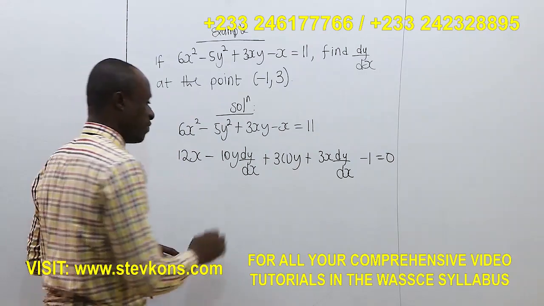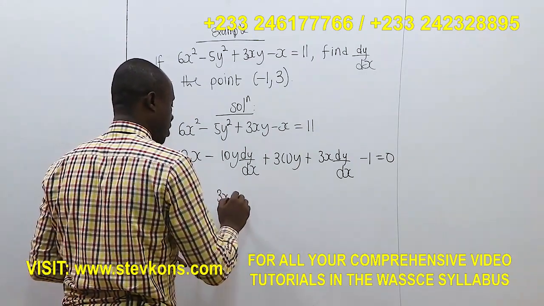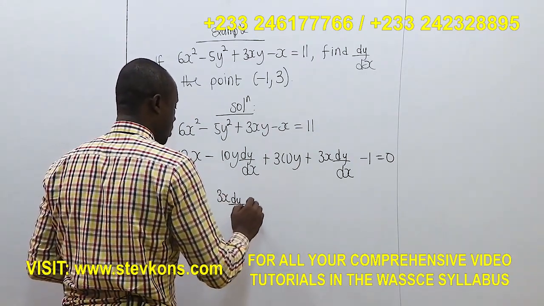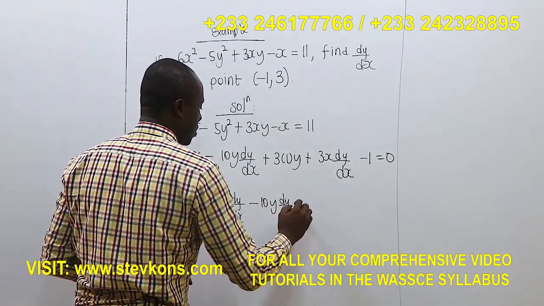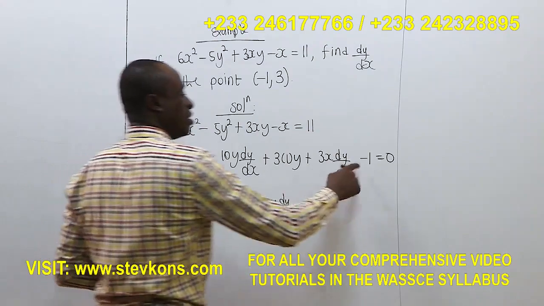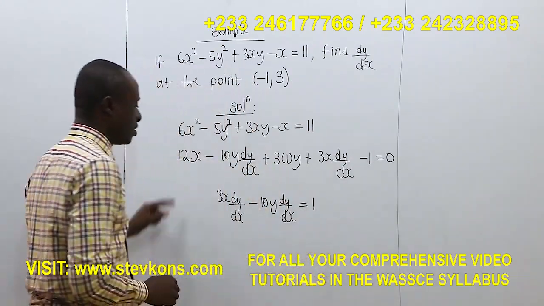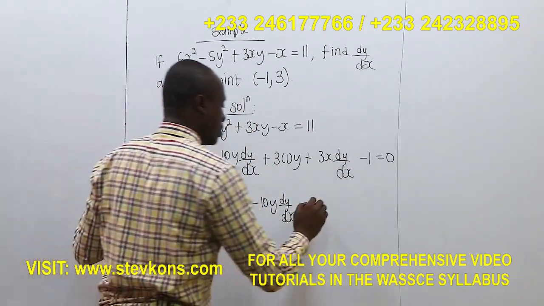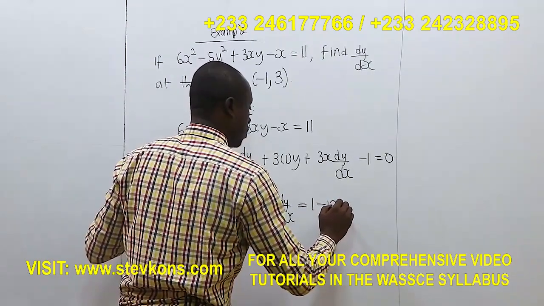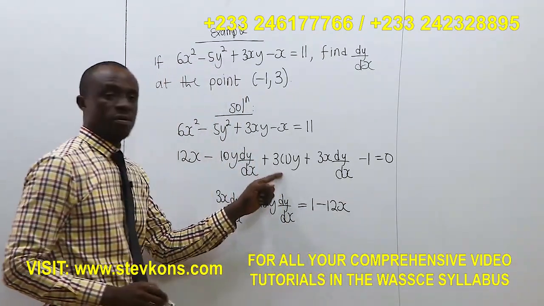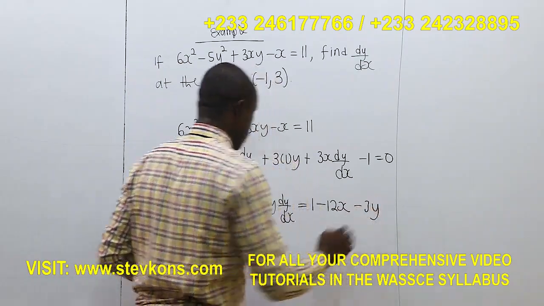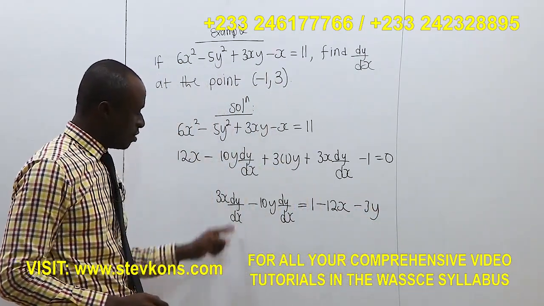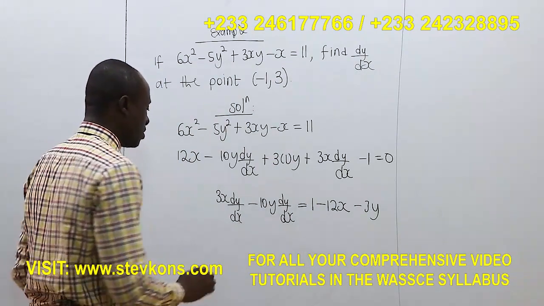Okay, so let's put together this and that. Let me bring the positive first. So we have 3x dy dx minus 10y dy dx, and this is equal to negative 1 crossing, that's positive 1, positive 12x crossing, negative 12x, positive 3y crossing, that's negative 3y. Now what is the common factor? dy dx. Let's factorize it out.